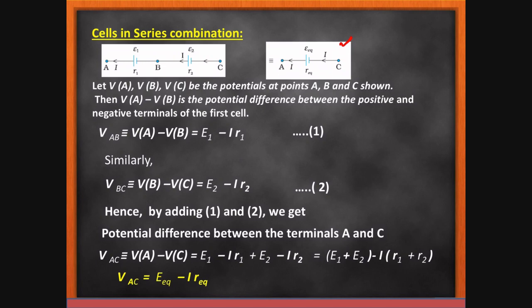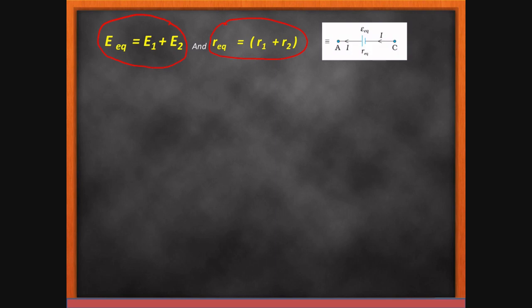If we compare equation number 3 and equation number 4, we get E equivalent as E1 plus E2 and R equivalent as R1 plus R2. So for this circuit, the E equivalent is E1 plus E2 and R equivalent is R1 plus R2.